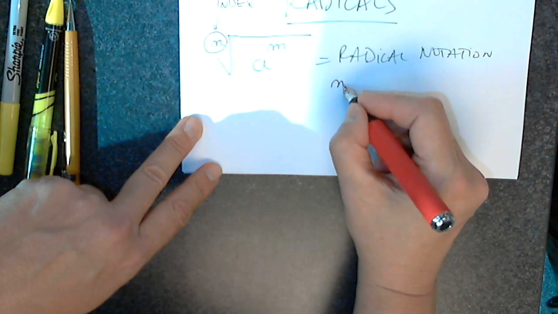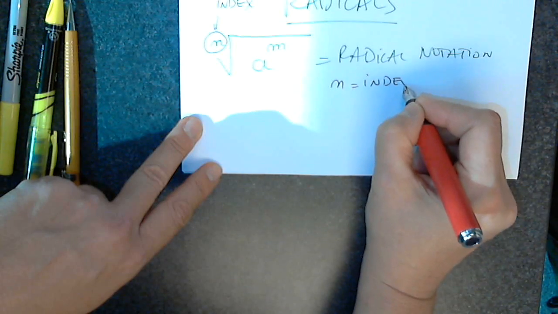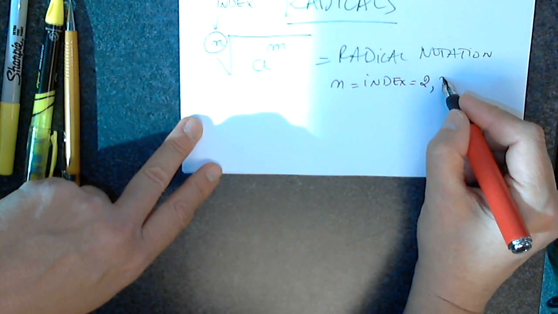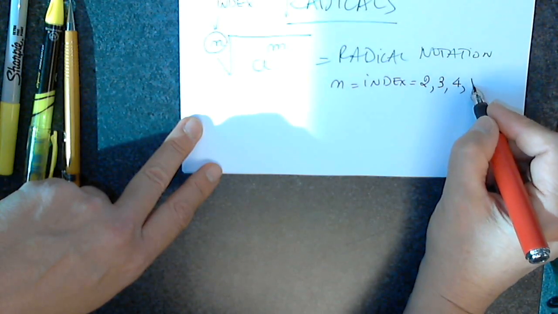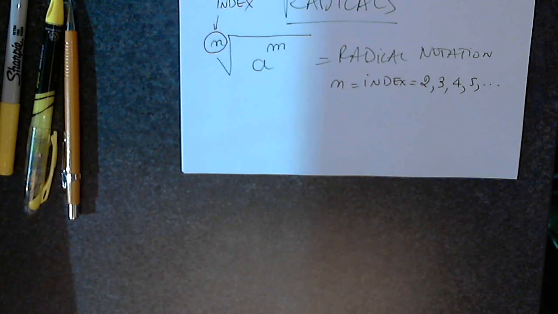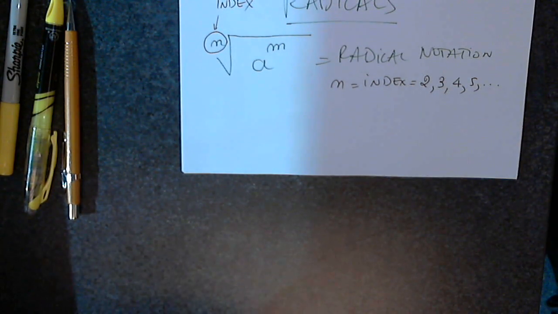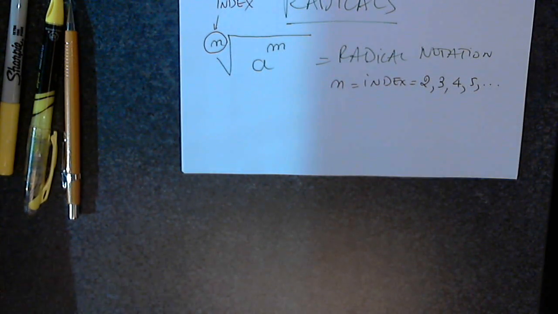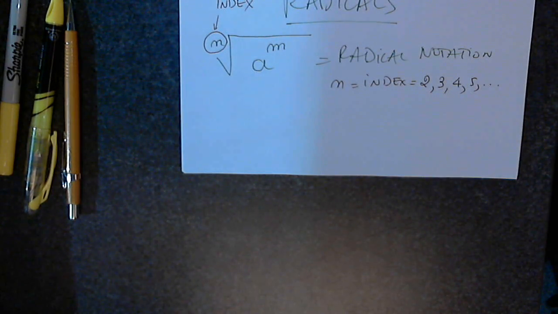So n, or the index, can be 2, 3, 4, 5, and so on and so forth. It cannot be 0.3. It cannot be 1.9. It cannot be 1. It cannot be 0. It cannot be negative 3. The way we define radicals.